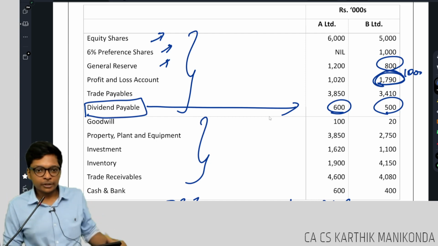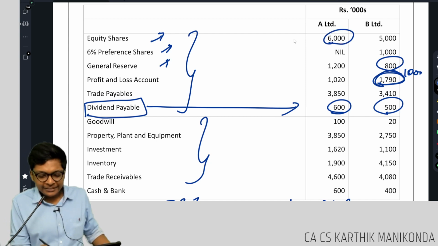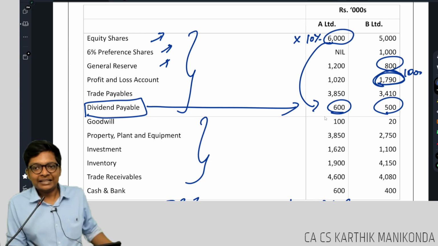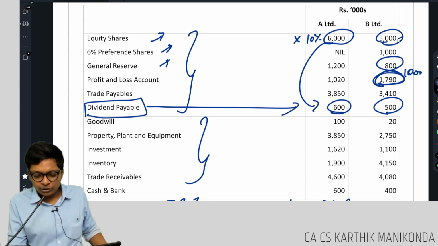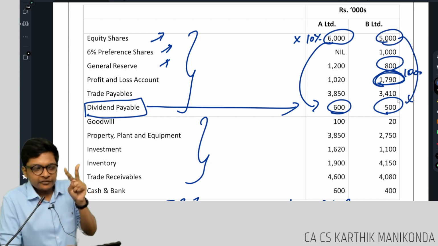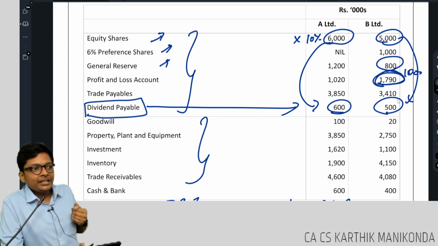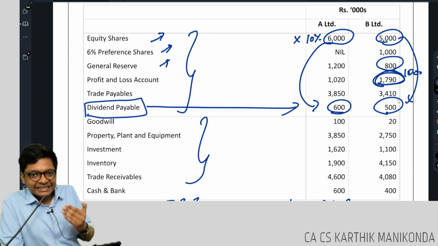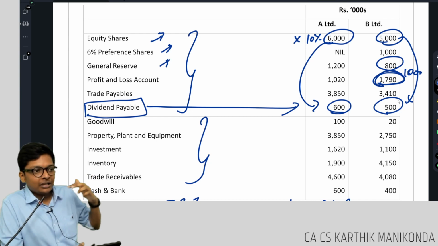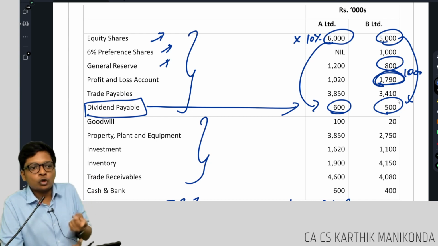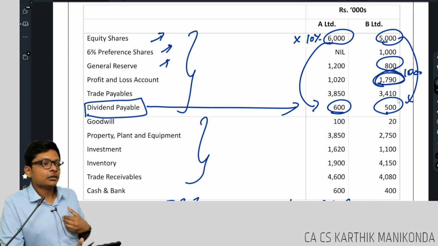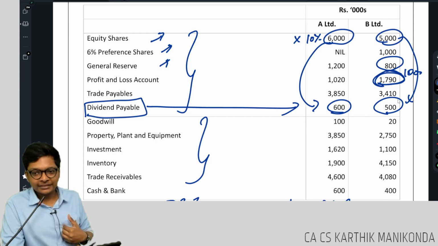Only previous year, because what is 10% of 6,000? 600. That means 1 and 10% of 5,000 is 500. That means out of the 2 years, for 1 year dividend is declared already and accounted for. Second year, now only I have to account. Correct? Are you following, guys?